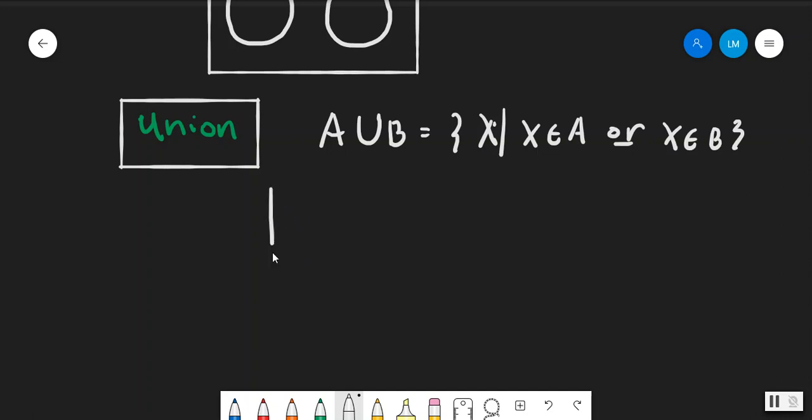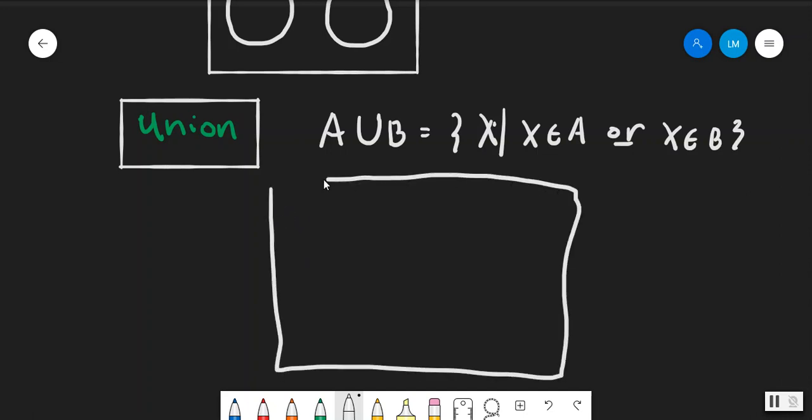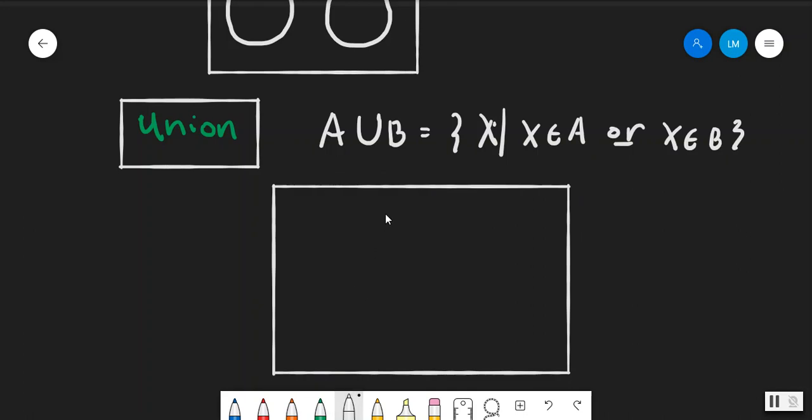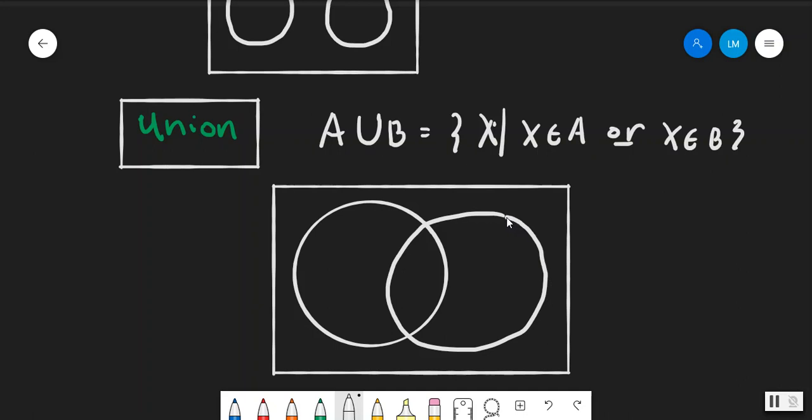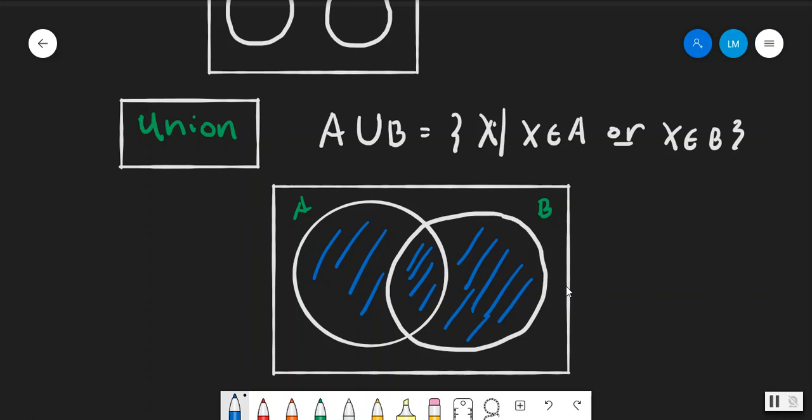So, for instance, the union of the two sets will look something like this, where we have a set A and a set B, and this is going to be A, and this is going to be B. So our set union would have to be all the shaded portion, and that would be it if we were going to try to visualize this.